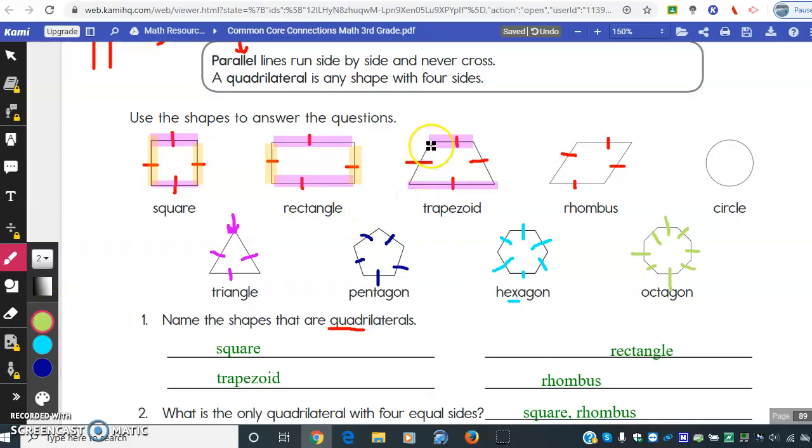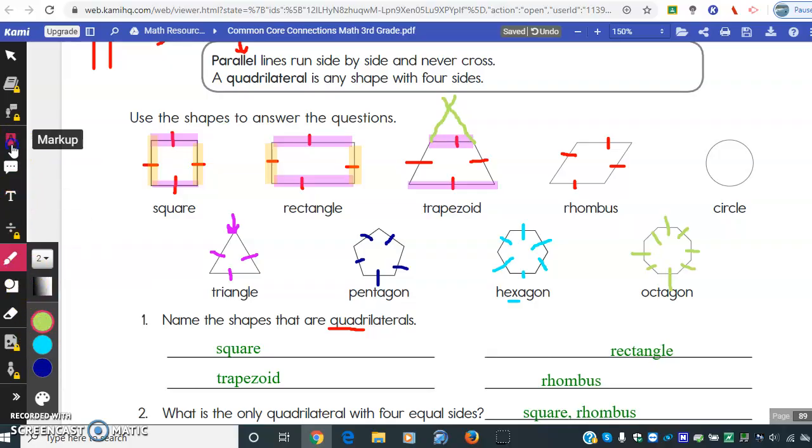If this line kept going, and this line kept going, guess what? They would eventually cross, because these are turned in towards each other. Those are not parallel. So the square and the rectangle have a purple and a yellow, but the trapezoid only has a purple set. Does not have a second set. They only have one.